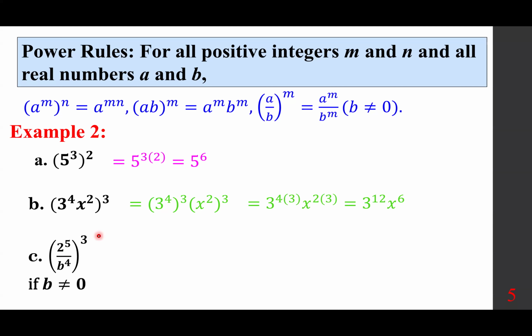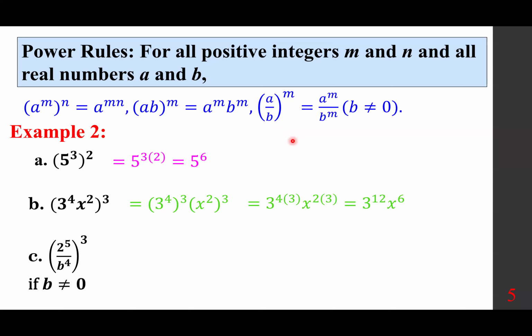2 to the power of 5 over b to the power of 4, quantity cubed. As always, the denominator can't be 0. That's why b is not equal to 0. So even if we don't write that, that is a given, okay? So we basically follow these rules.